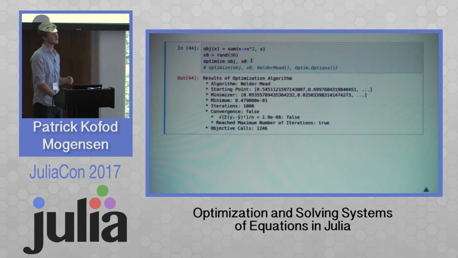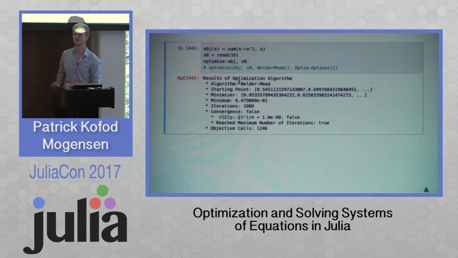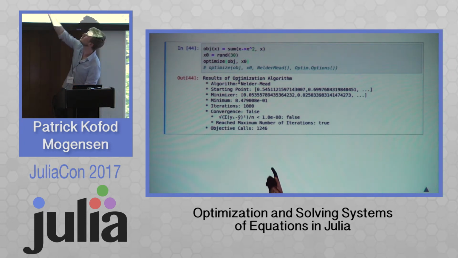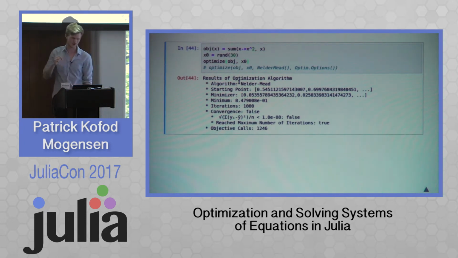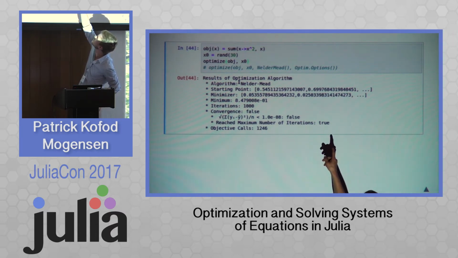And as you see, it will default to the Nelder-Mead algorithm that I was talking about. So, of course, you may think it's an embarrassing problem to show as the very first one. If we look at the output, you will see that the algorithm was Nelder-Mead. We started at some point 0.5 and 0.7.